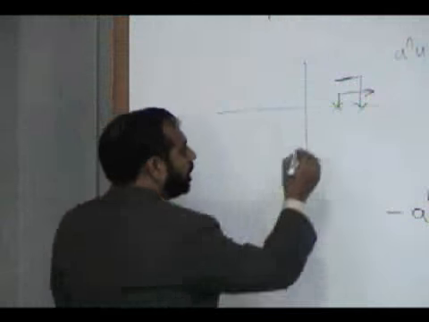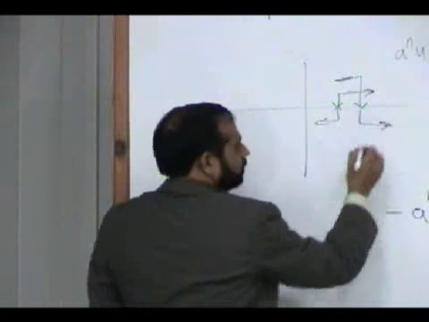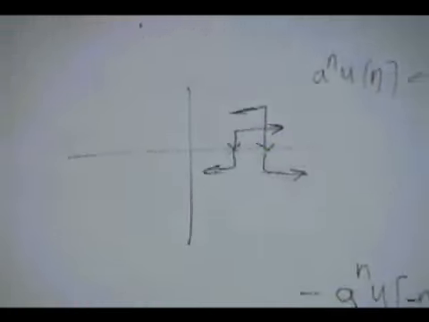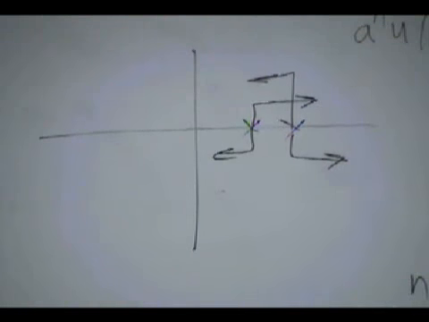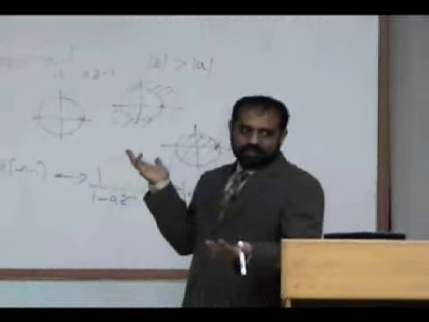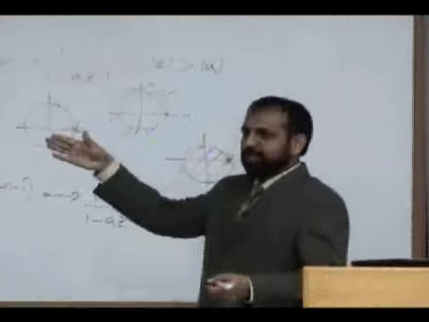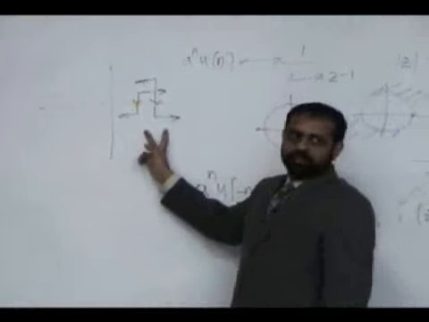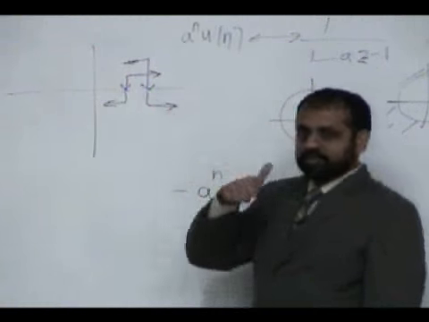Can this be an answer? This is inward, this is outward. No, because the region of convergence will be empty. If you make one left-hand side and the other right-hand side this way, there is no answer. But if you make this one right-hand side and this one left-hand side, yes, there is an answer.